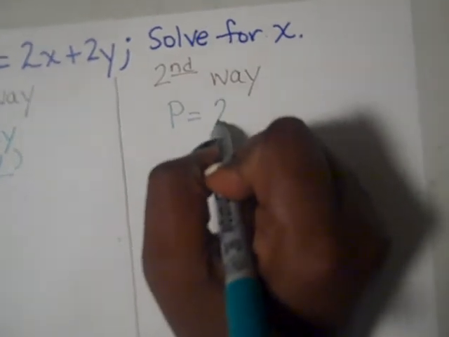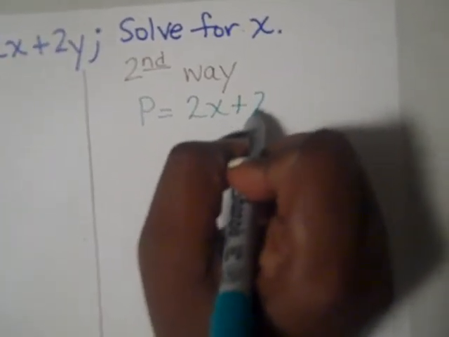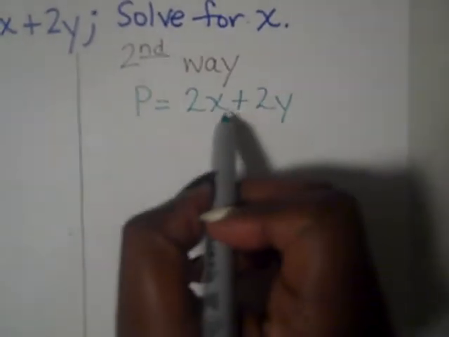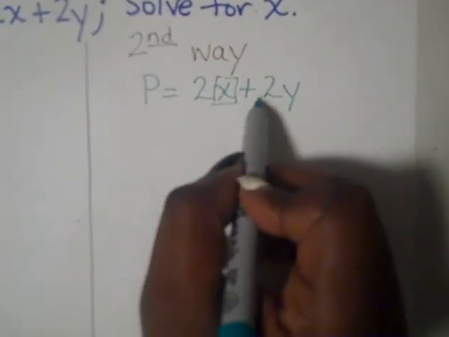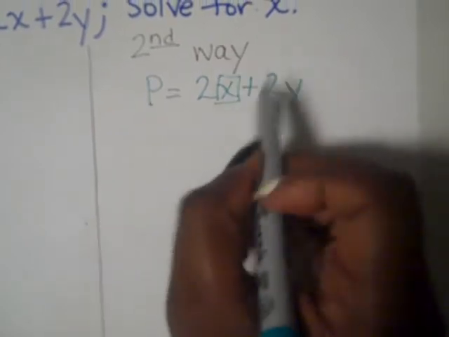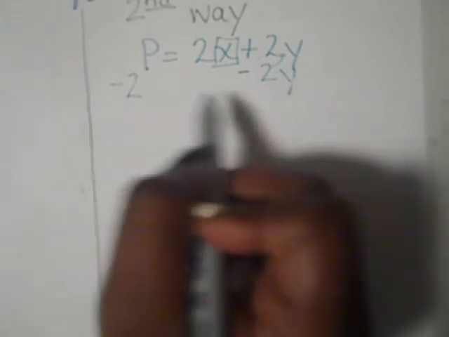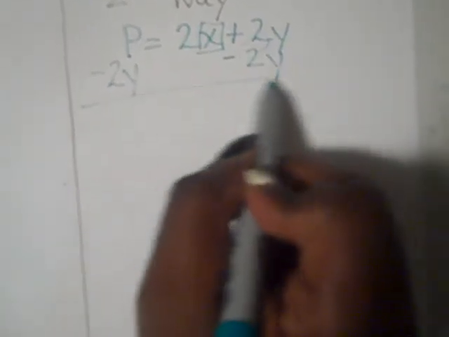The second way, P equals 2x plus 2y. I'm going to do my subtracting because I want this 2y on the left side. So I'm going to subtract, because it's positive, the left and the right by 2y.